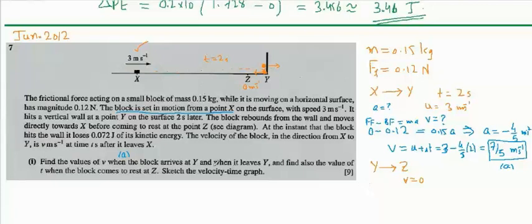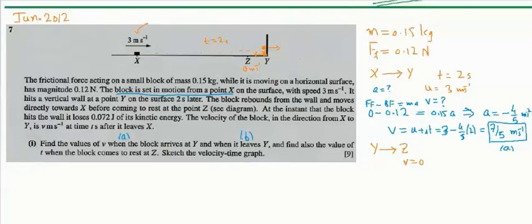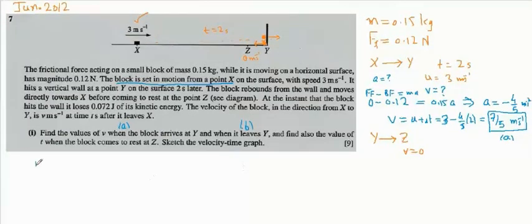Then, when it leaves the wall Y, now this is part B. There is a loss of kinetic energy here, so we'll use the delta KE. Since they said that delta KE is equal to minus 0.072, because it's a loss, it will be minus 0.072.